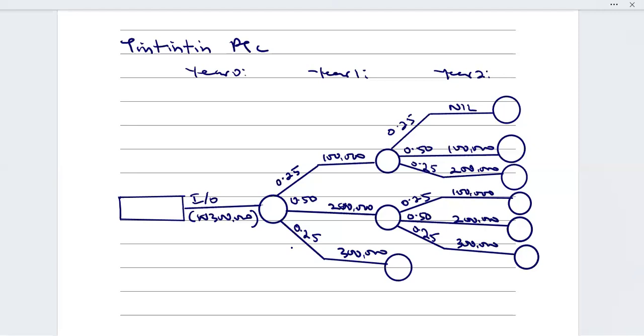It's still not looking good. I have to push it down. So let's do it this way. Better. Okay, that's too short.